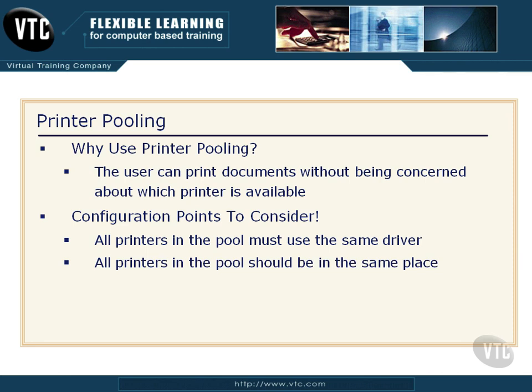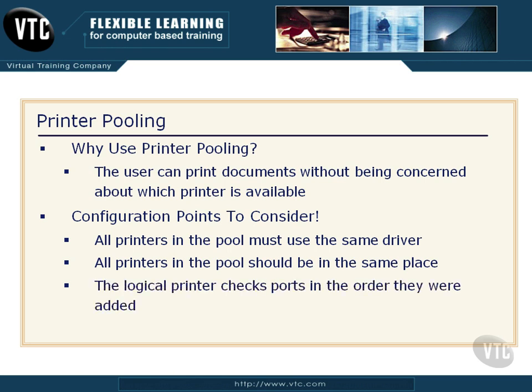All the printers in the pool should be in the same place or in a very close geographical area, because when you print to a printer pool, you have no guarantee of exactly which printer is going to handle your print job. The logical printer checks ports in the order they were added. Watch for that one.